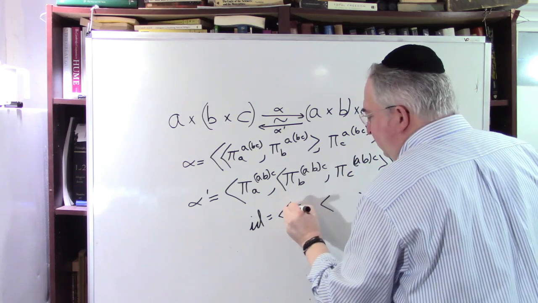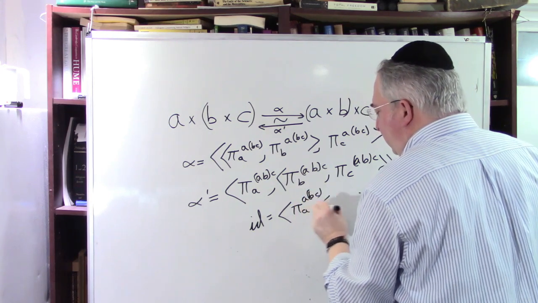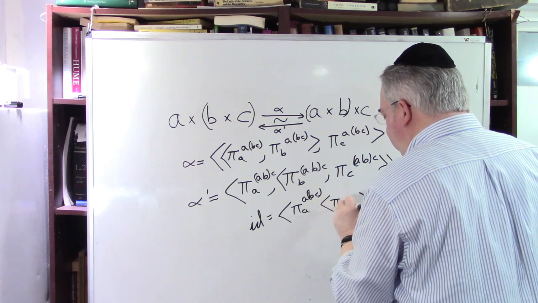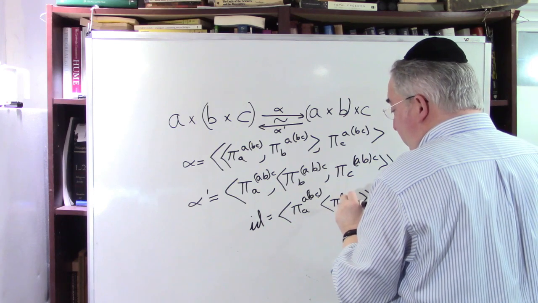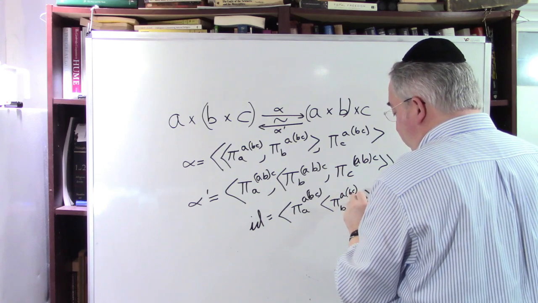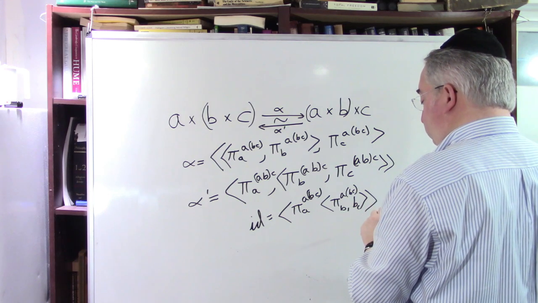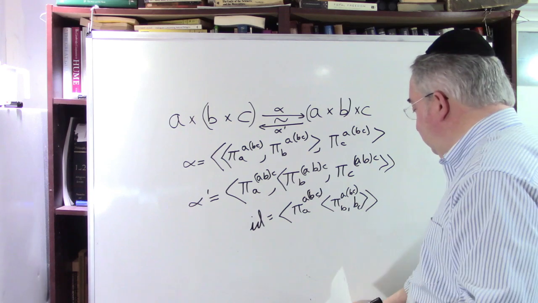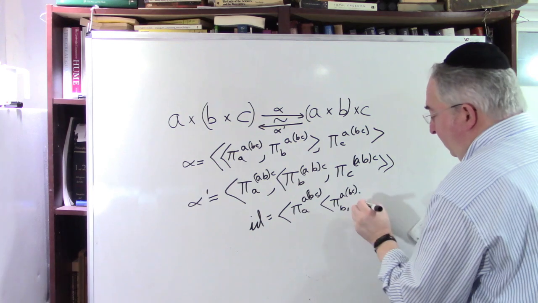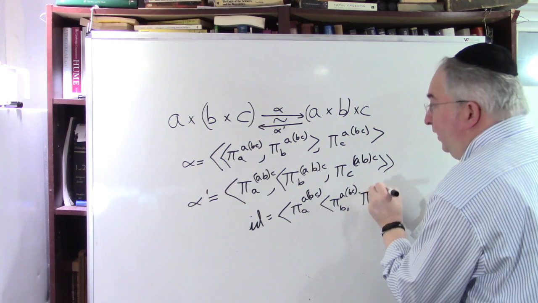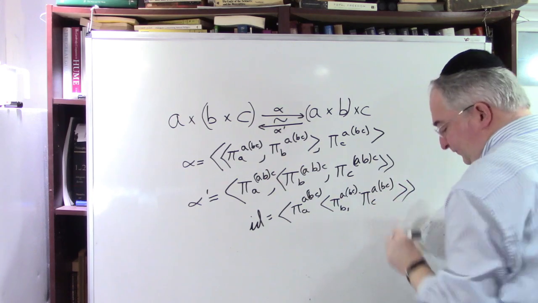Okay, this is pi of A, B, C, of A, pi of B, comma, pi of C. Okay, pi of A, B, C, that's that, C. Bracket.